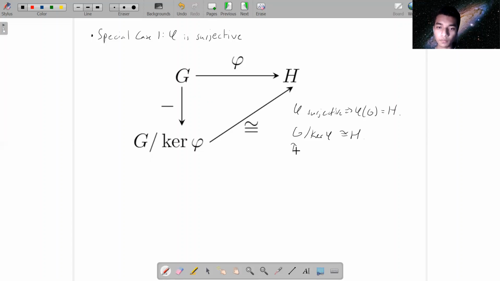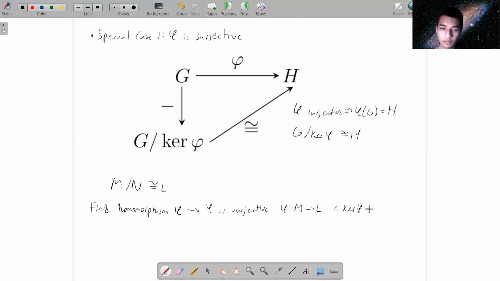If we're trying to show, say, M mod N is isomorphic to L, then we want to find a nice homomorphism phi such that phi is surjective, goes from M to L, and its kernel is N, because then we can apply the first isomorphism theorem in this special case where the homomorphism is surjective, and this will give us this relationship between this factor group of M and L.